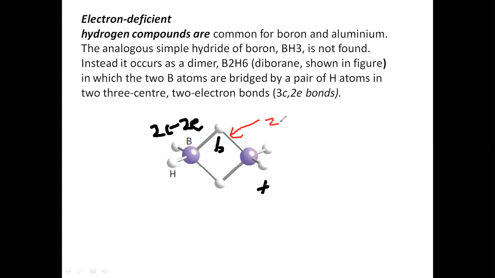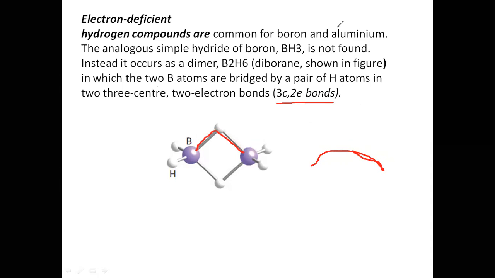This bond is two electron, three center. You can see here, because this bond starts from this boron and goes to the other boron. It's like this, the bond is like this.